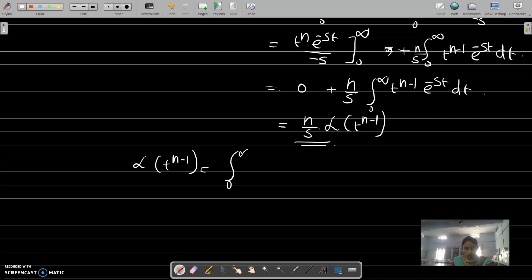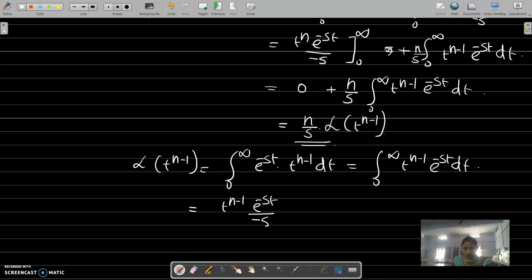This is integral 0 to infinity e raised to minus st into t raised to n minus 1 into dt, which is equal to t raised to n minus 1 into e raised to minus st by minus s from 0 to infinity minus integral 0 to infinity n minus 1 into t raised to n minus 2, again e raised to minus st divided by minus s into dt.